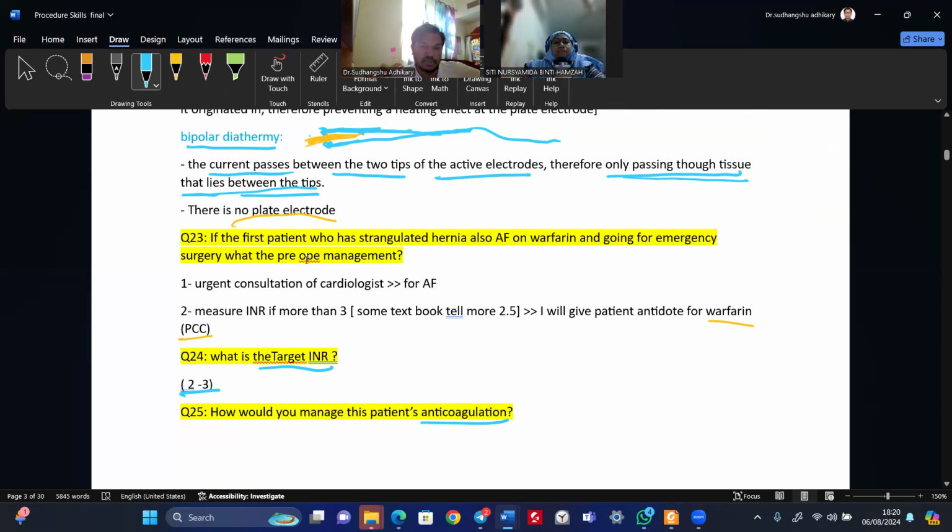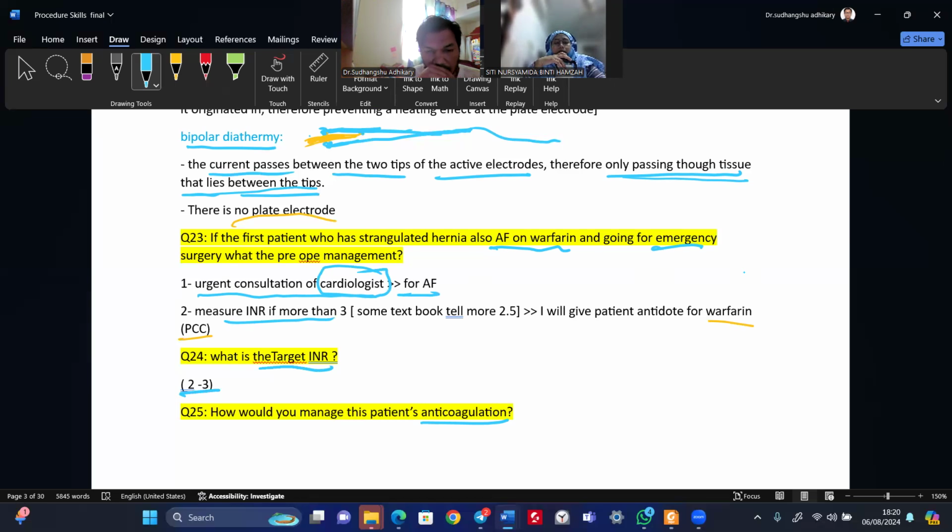If the patient has a strangulated hernia, also atrial fibrillation and is on warfarin, and is going for emergency surgery, what preoperative management will you take? We should urgently consult a cardiologist for the AF and measure the coagulation status.